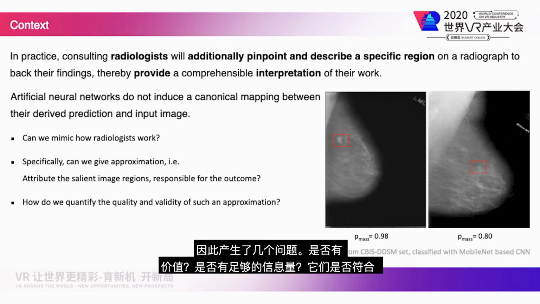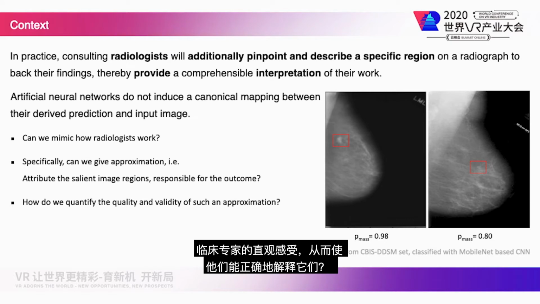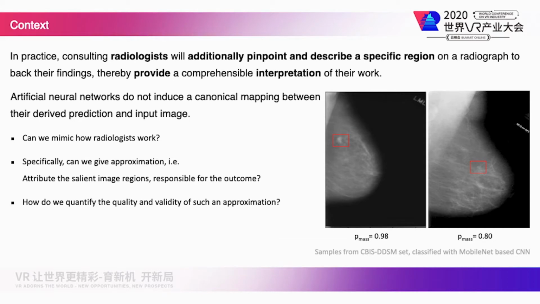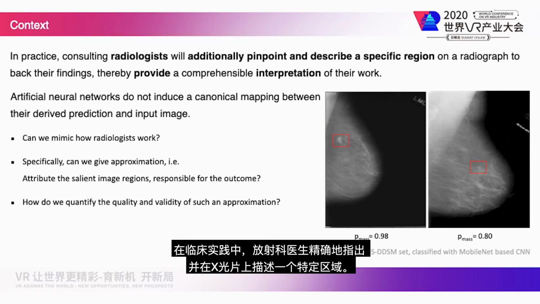Are the values actually informative enough? Do they comply with the intuition of the clinical experts so that they can correctly interpret them? Are the values sufficient to check if the output of the network is causally related with the underlying pathology? In clinical practice, radiologists pinpoint and describe a specific region on a radiograph to back their findings.